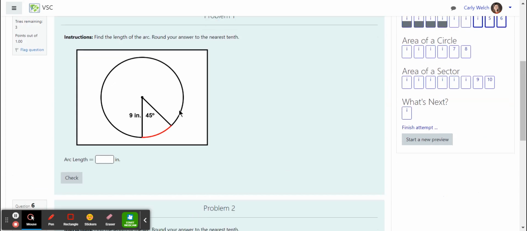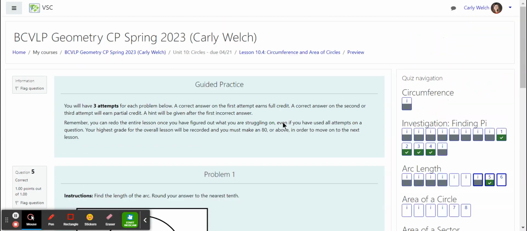So we're going to jump straight to these. So 45 degrees. So 45 divided by 360 times my circumference formula. So 2 times 3.14 times 9 would give me, rounded, 7.1 as arc length.